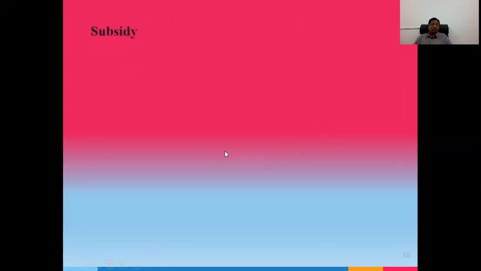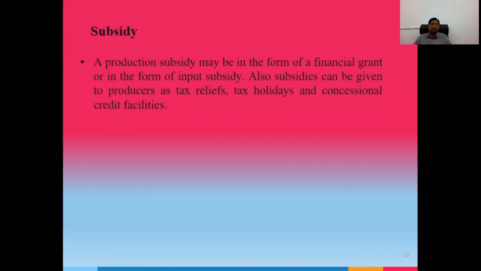Then I would like to discuss with you the other way of government intervention, that is subsidy. A production subsidy may be in the form of financial grant or in the form of input subsidy. Government can grant subsidy in two forms.